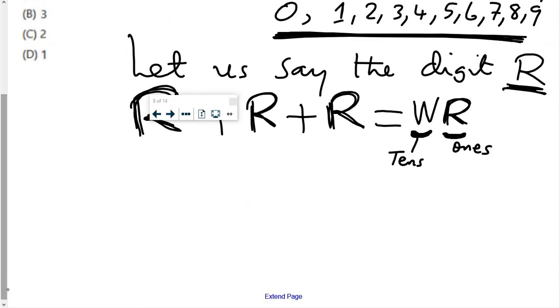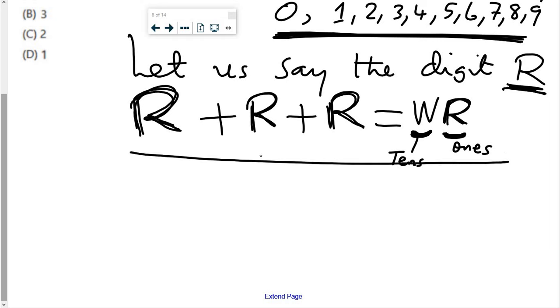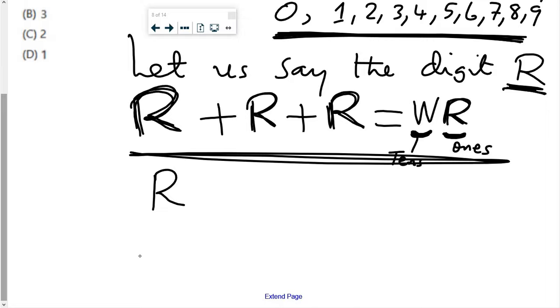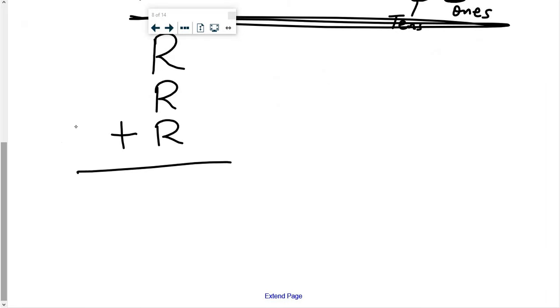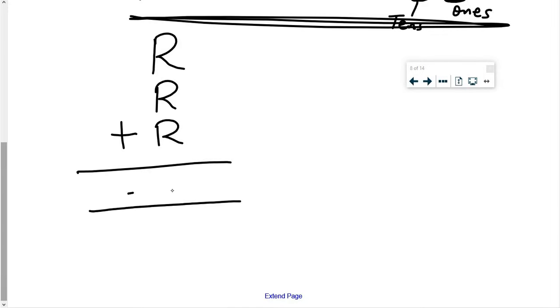Okay? So, we can arrange this vertically, that we have a single digit, which is R. It is getting added to itself twice. And it gives you the sum, which is a 2-digit number, but in the units place, the digit should be the same as the single digit that we are adding.